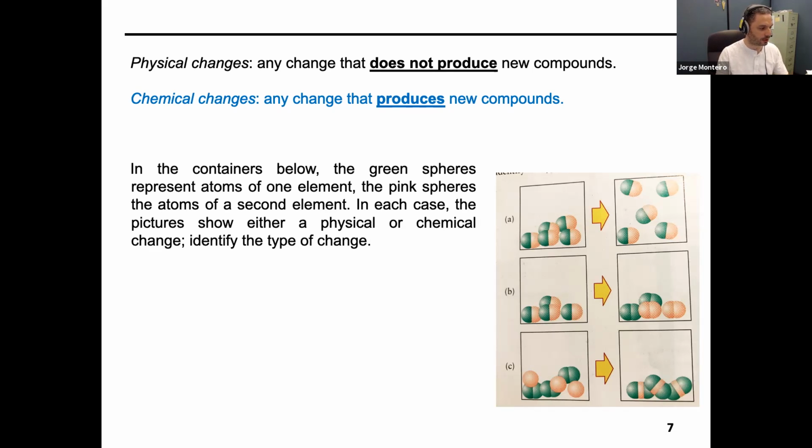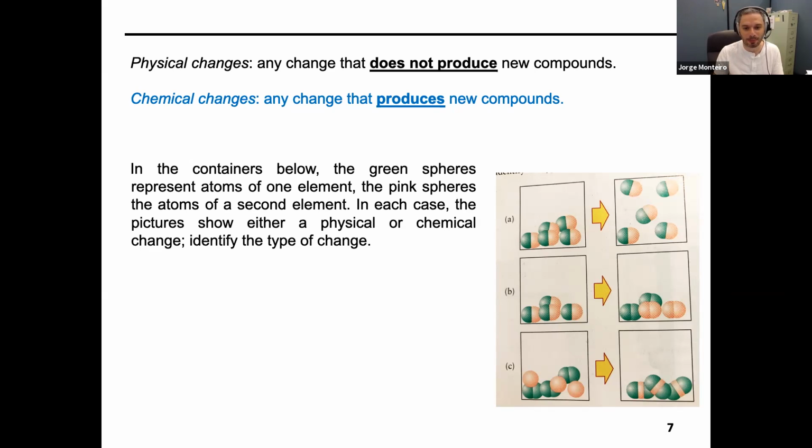All right, so let's do a practice here. In the containers below, the green spheres represent atoms of one element, and the pink spheres, the atoms of a second element. In each case, the pictures show either a physical or chemical change.